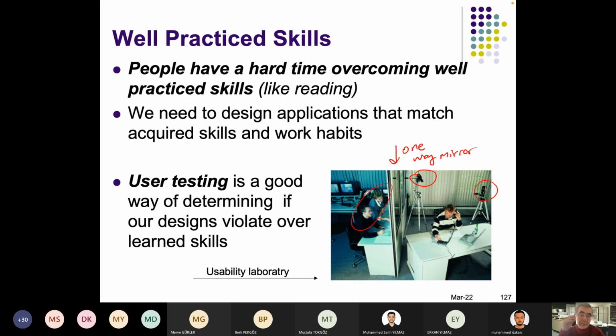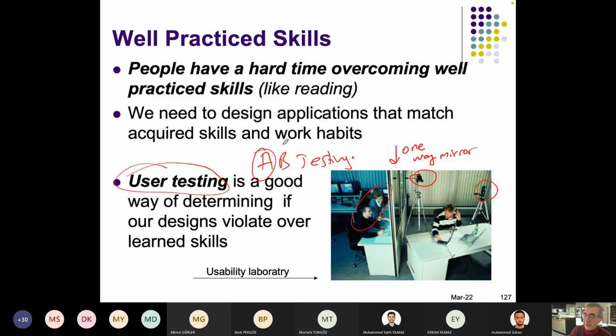But for new kinds of interactions, performance of new interfaces and new techniques, we do user testing. If you have two different alternatives and you are trying to understand which one is better, in the industry it is called A/B testing.